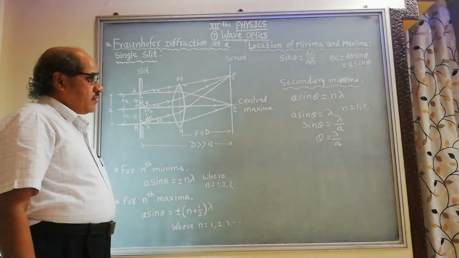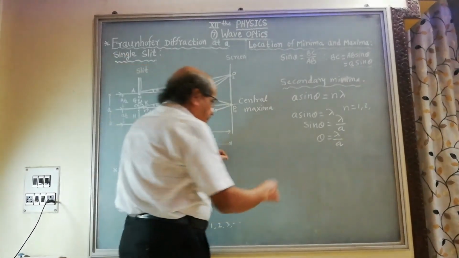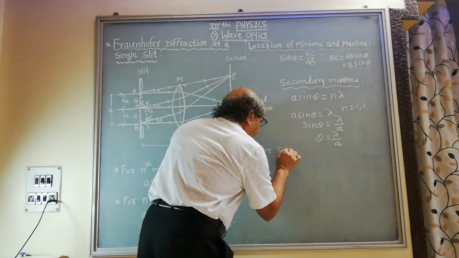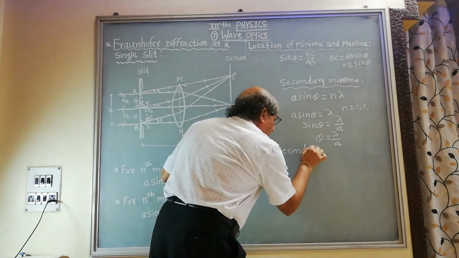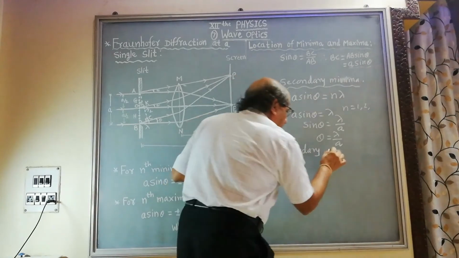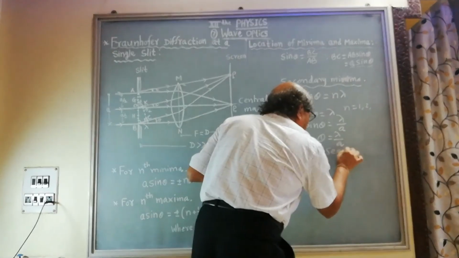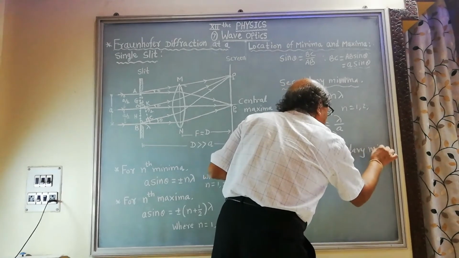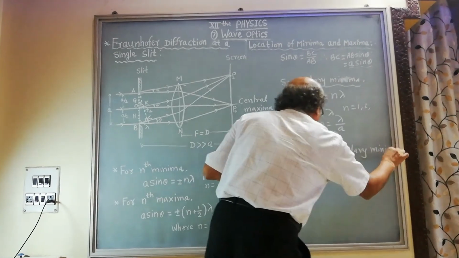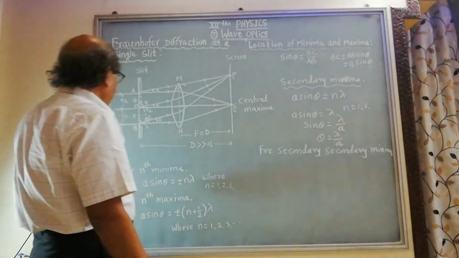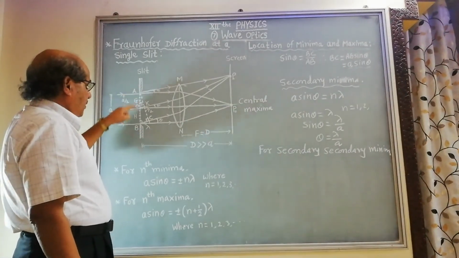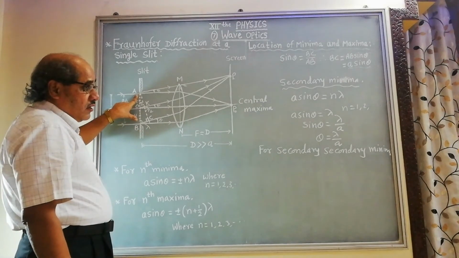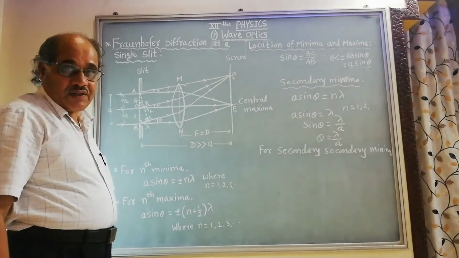So for that, what we can do, for second secondary minima, we can divide this slit AB in 4 equal parts.